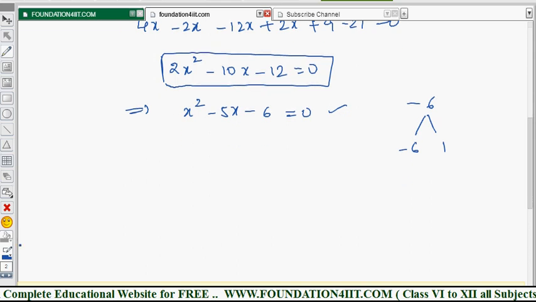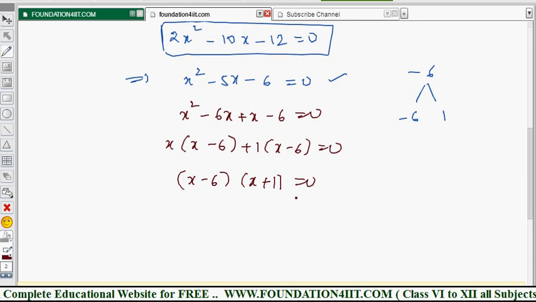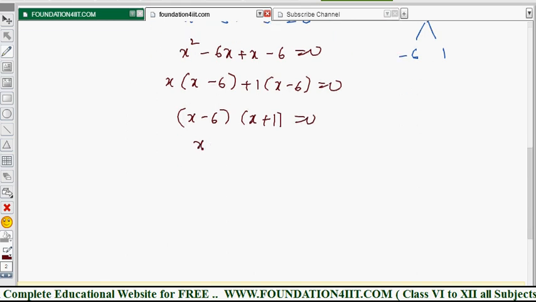Now we can find the solution. So x square minus 6x plus x minus 6 is equal to 0. x common, x minus 6, plus 1 common, x minus 6 is equal to 0. Now x minus 6 is common overall, so x minus 6 times x plus 1. By using the zero product rule, x minus 6 is equal to 0 or x plus 1 is equal to 0.